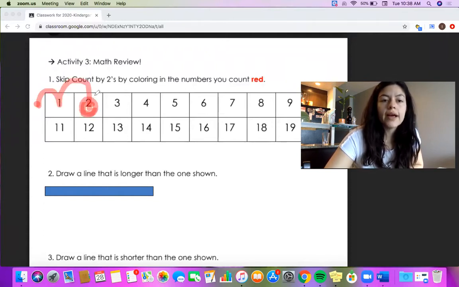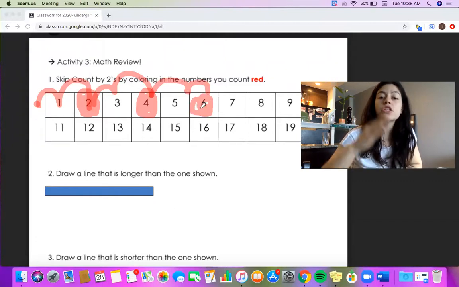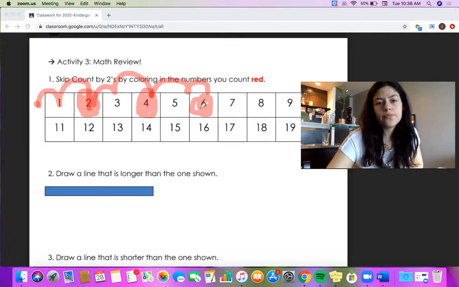So 2, I color in red. Let's make another jump, 2 jumps, 1 jump, 2 jumps. 4 gets colored in red. 1 jump, 2 jump. 6 gets colored in red. Okay, so keep on jumping by 2. Color in all those that you jumped on by 2s in red.